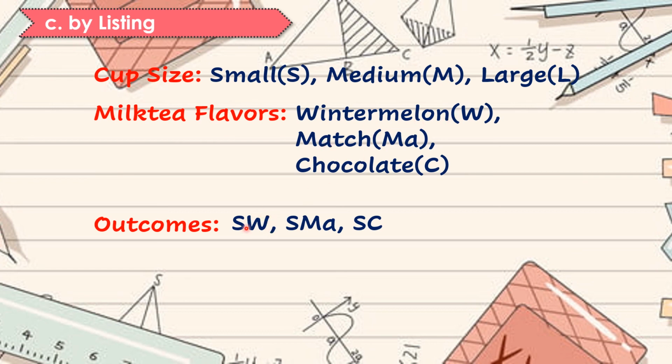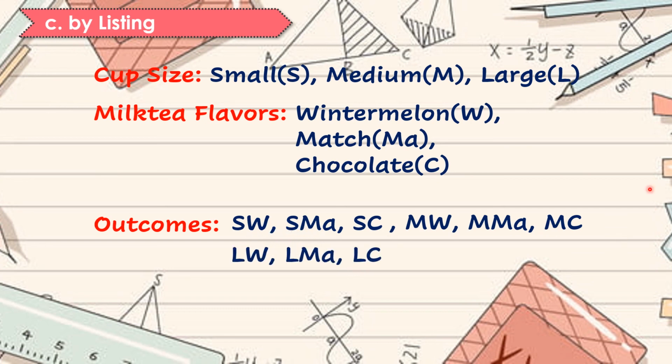Kay winter melon, matcha, chocolate. Ganon din ang gawin kay medium size. Ayan, medium winter melon, medium matcha, medium chocolate. And then, sa large winter melon, large matcha, large chocolate. Counting these possible outcomes, we have 9.